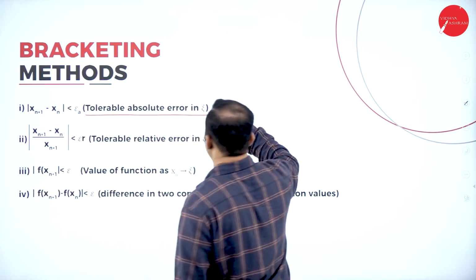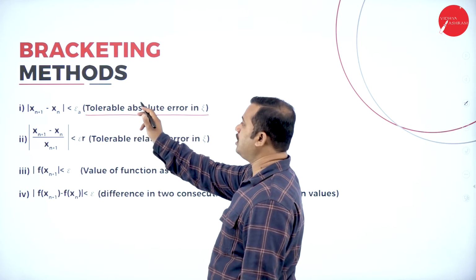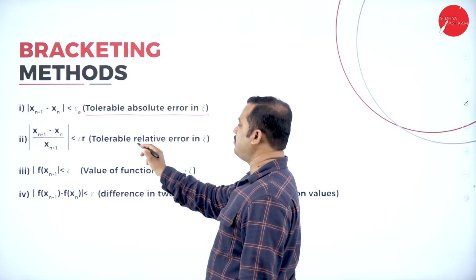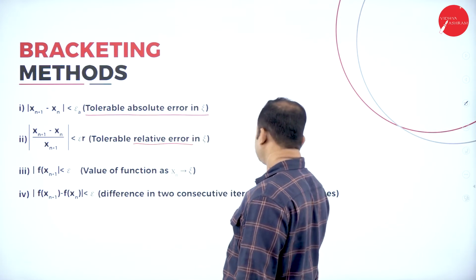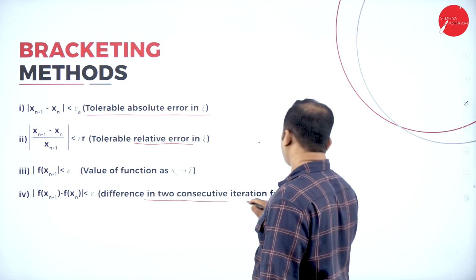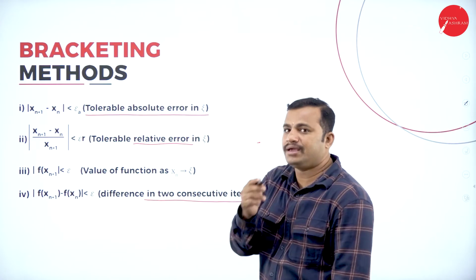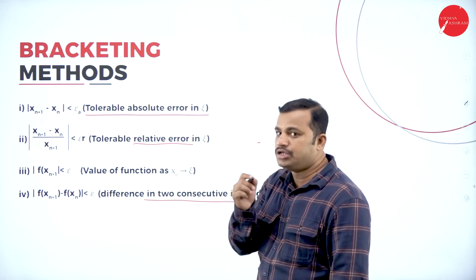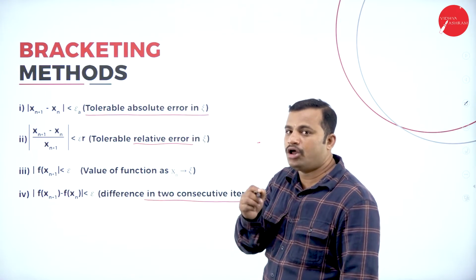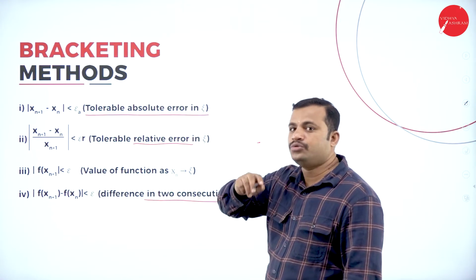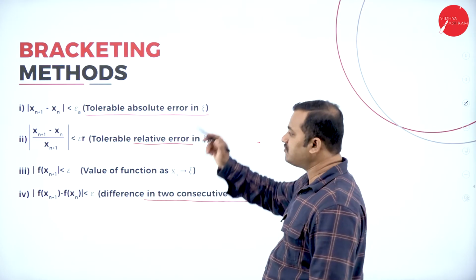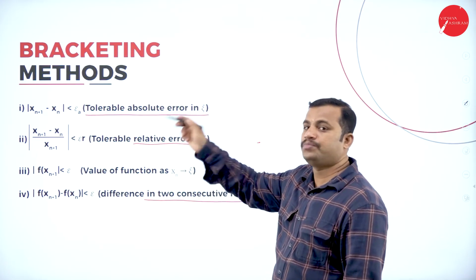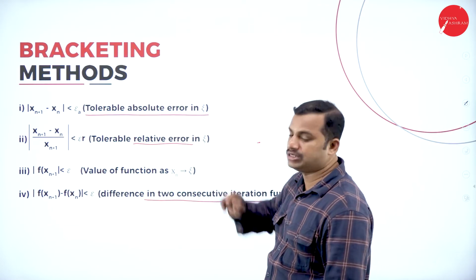What is the formula and definition of tolerable absolute error, or what is the meaning of relative error, or the difference in two consecutive iteration function values? You may get those questions in the examination. As per my knowledge, after going through previous year question papers, I have seen these kinds of questions in the 2 marks section. So please make a note of it and concentrate on it.